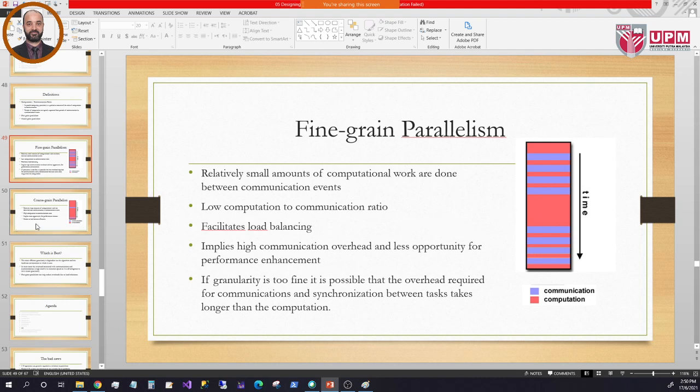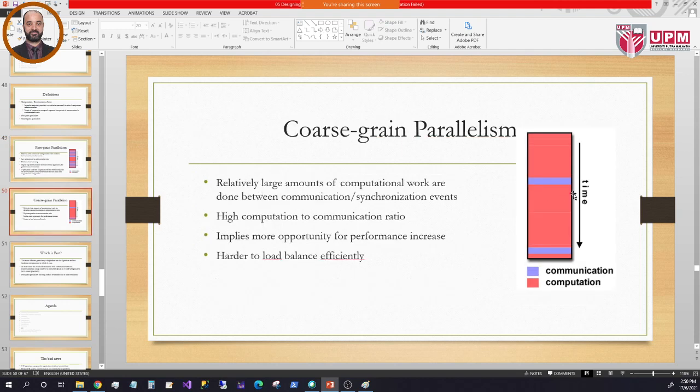So the granularity here will increase while the communication will decrease. Why? Because they have a reverse relation.